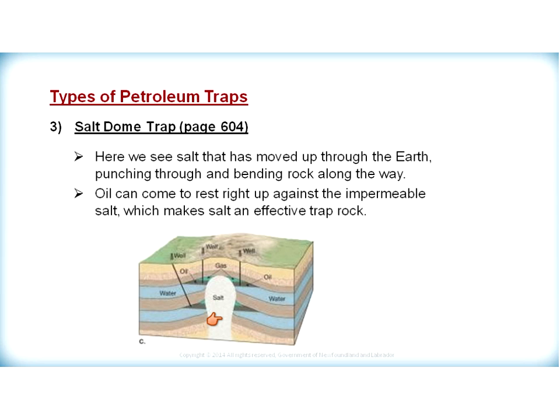If we look at both sides of the salt dome, we see that we have impermeable rock both below and above the reservoir rock. Within the reservoir rock, we see water overlain by oil, which is further overlain by gas.